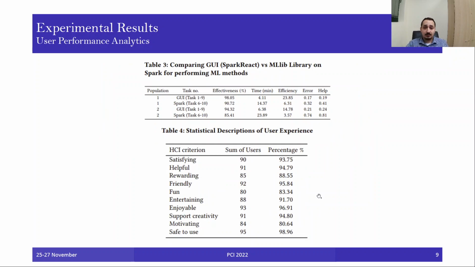Moreover, we compare the GUI, the tool that we created, which is SparkReact, as we already said, versus the ordinary machine learning library on Apache Spark. We have the first population, which is the computer experts, and we look at tasks 1 up to 9, which is the model creation, the dataset import, and so on, before they execute the model on Apache Spark.